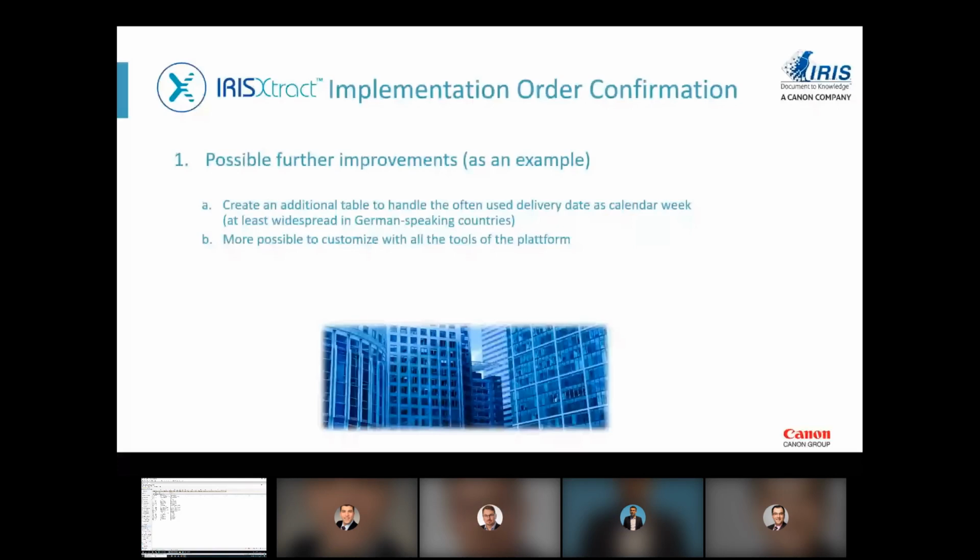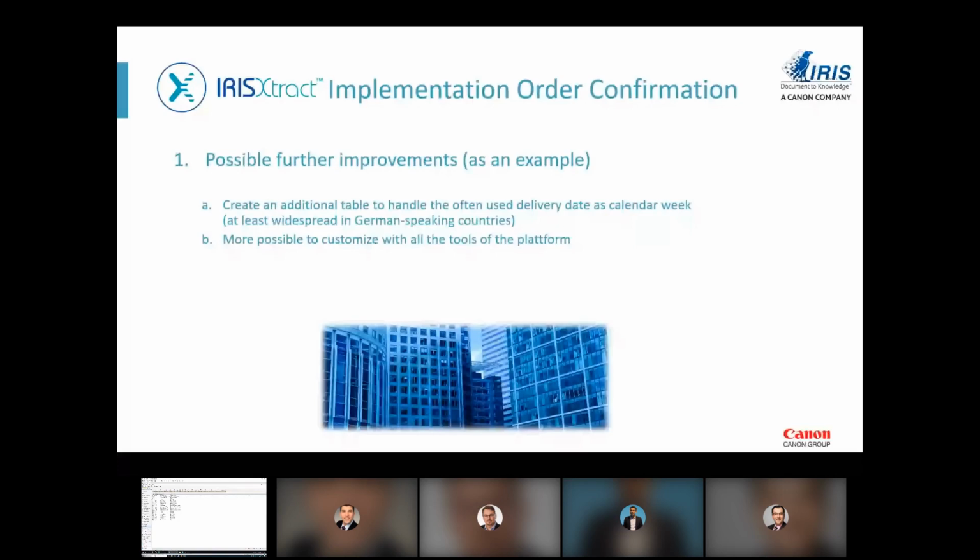In German, it is KW and just a number behind it. So if you would like to find this kind of information on your order confirmation, you could create an additional table to transfer the information on the document, calendar week something, to a proper date format.